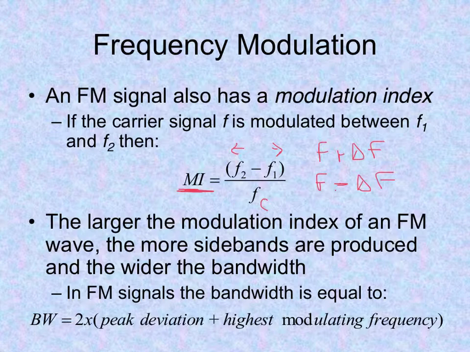And so for FM stations, you actually need more space between the stations. You need more distance between the frequencies than you do with AM, because the bandwidth that's taken up by a single FM radio station is going to be much wider than that taken up by an AM station.